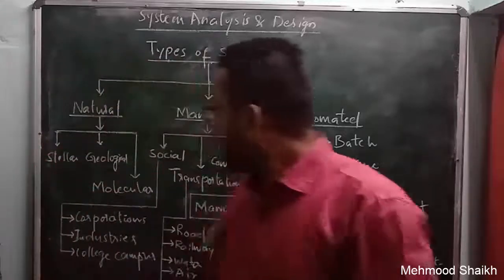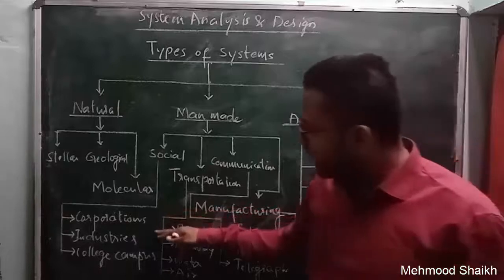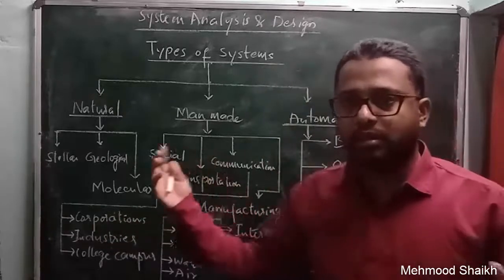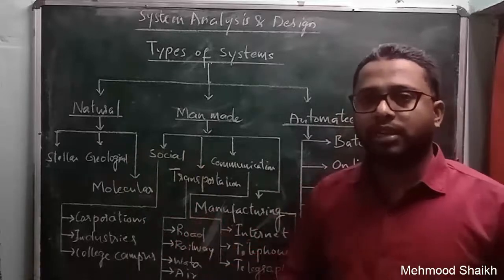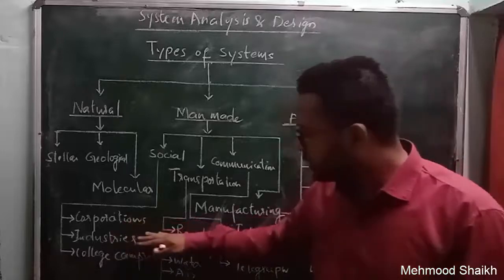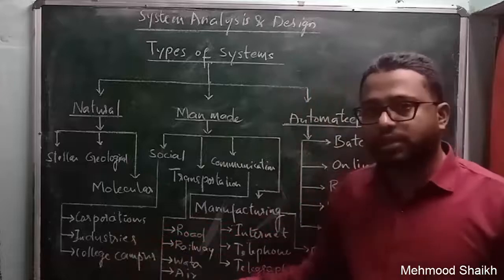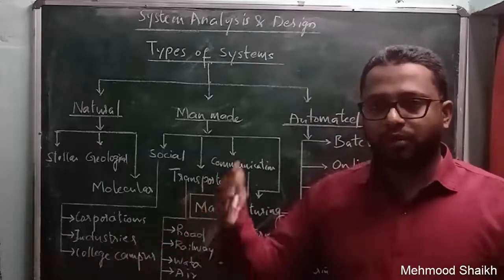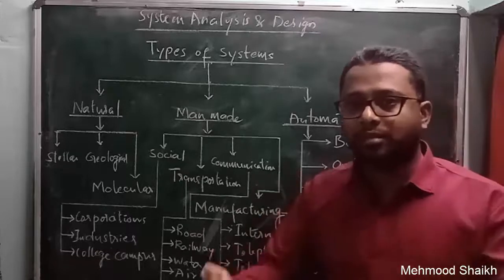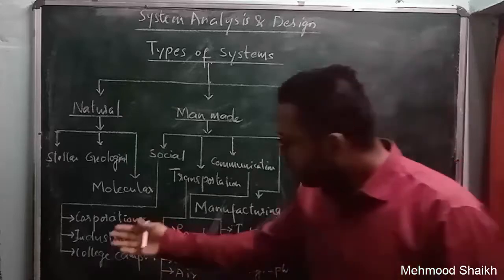Under the social system we can have categories like corporation systems, where various societies come together and follow a set of rules and regulations. Then we have industries, where people from other cities or countries come together and work as a team to manufacture products.